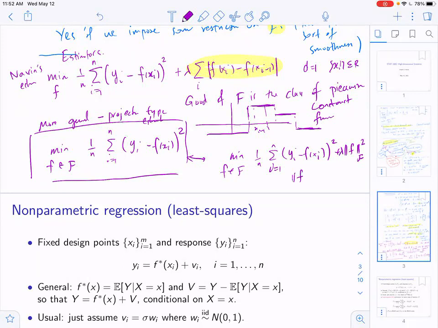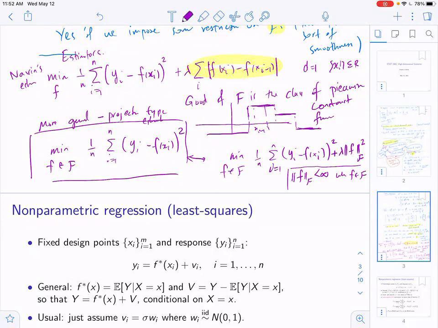Let's say it is small, or finite, if you want, when f belongs to F. So I have a norm which measures, in a more soft fashion, whether it belongs to the class or not. You can try to penalize with it. So this is a little bit more general.